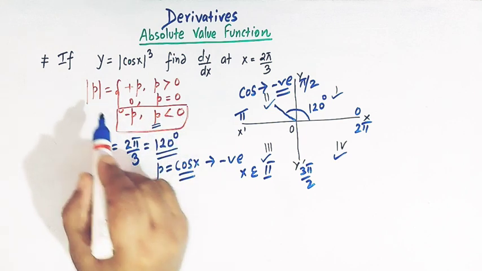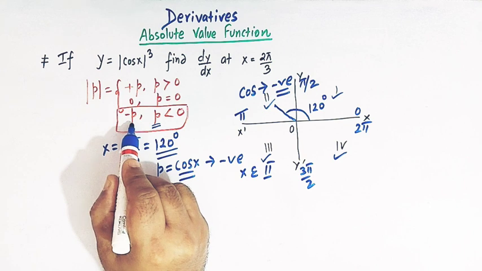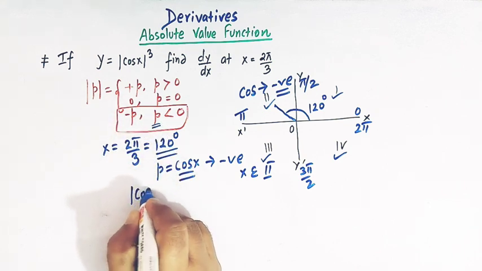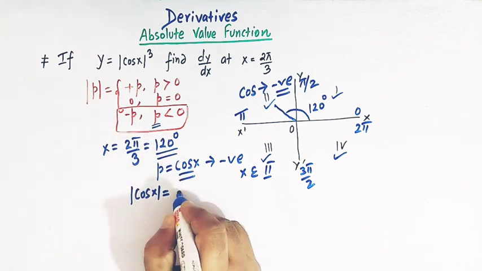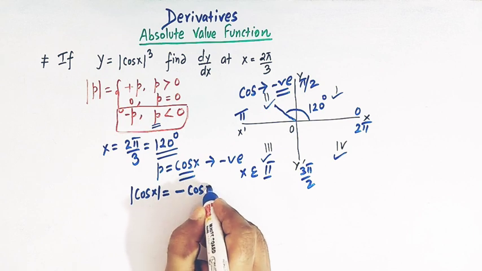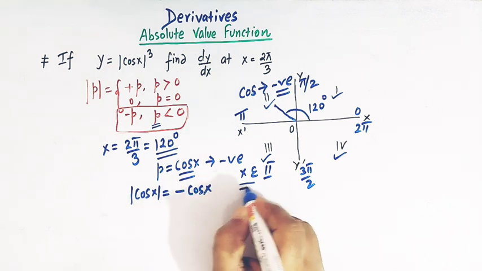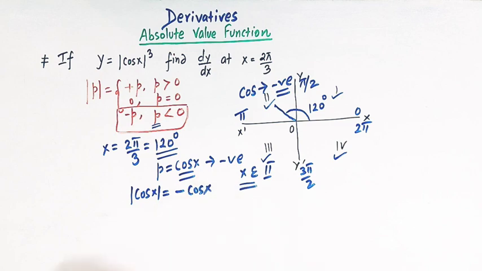So mod of p should be equal to negative p. So mod of cos x is equal to negative of cos x when x belongs to the second quadrant.